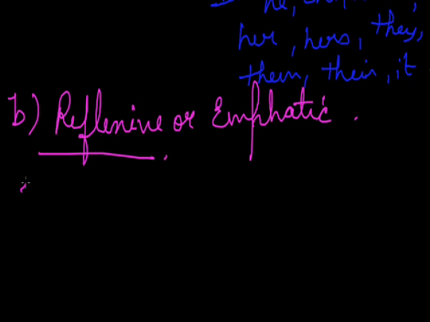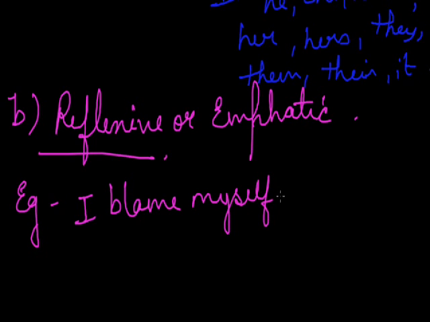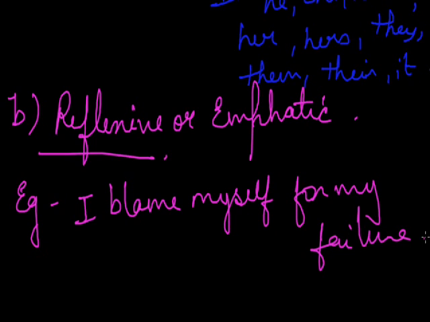For example, explaining the reflexive pronoun with an example: I blame myself for my failure. Or, we often talk to ourselves, they always talk about themselves, he hanged himself, she put herself to trouble for nothing.